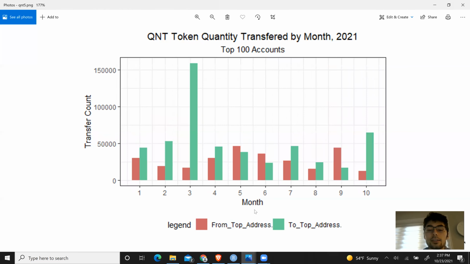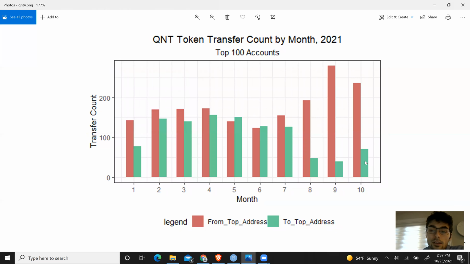So now let's look at the volume. The same thing here, except the top 1,500 showed the same thing in March, where there was a lot of volume coming in, but this is skewed. This was within the top 100 accounts that really skewed this, which we can see here. And what is really interesting too is that going back to the last charts, there's a lot of transactions that are leaving.